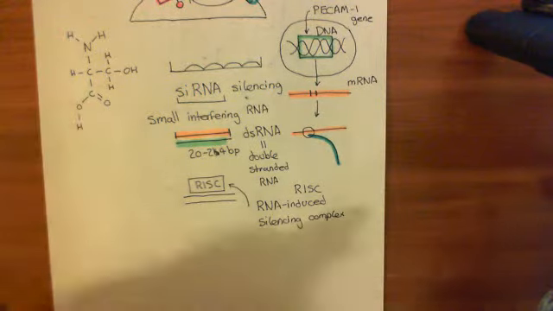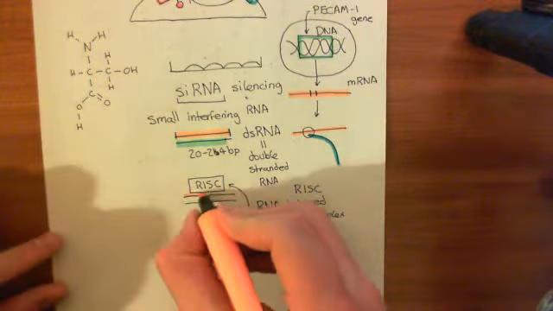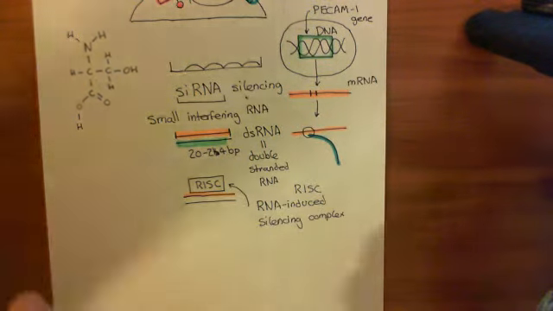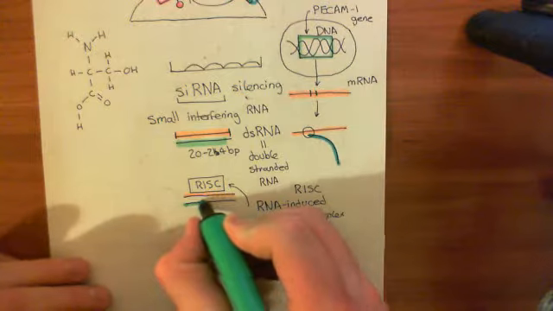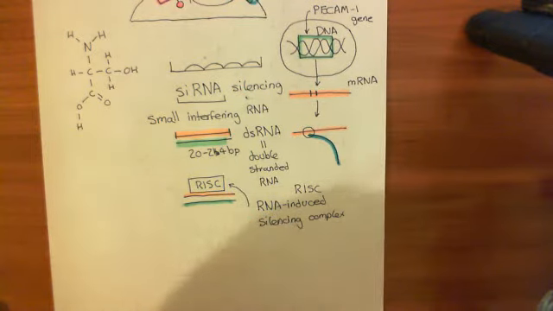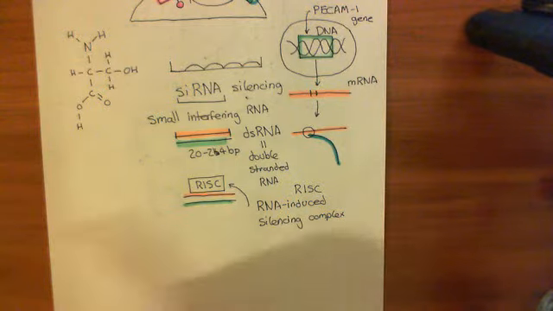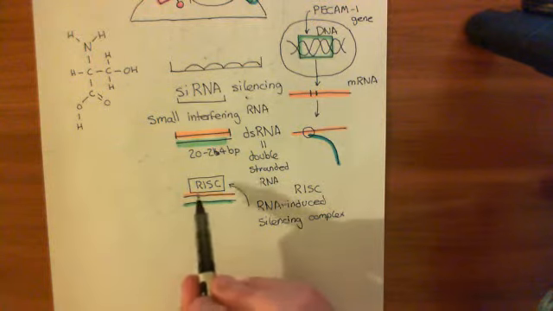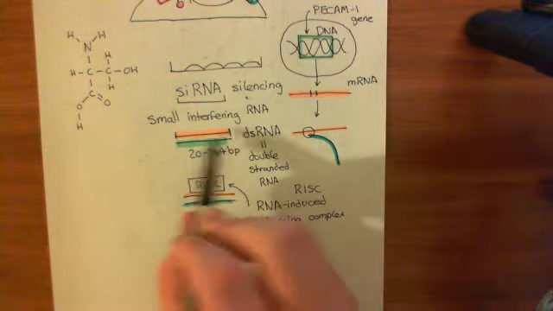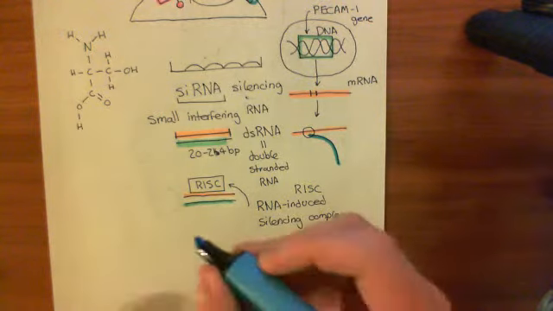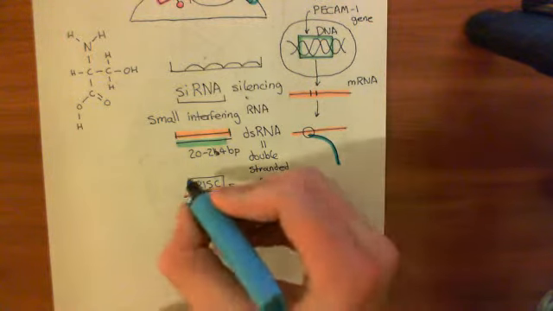At the moment, the small interfering RNA is still double-stranded, so it's got both of the strands. Now the RISC will throw away one of the strands. Essentially it's arbitrary which one it throws away. We'll insert loads of siRNAs into the cell, and some of the RISCs will throw away the orange strand, and some will throw away the green strand.